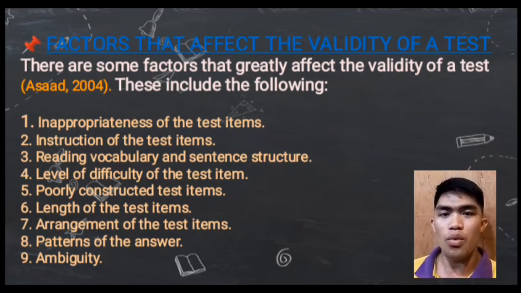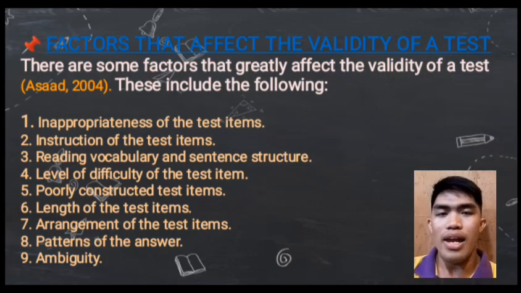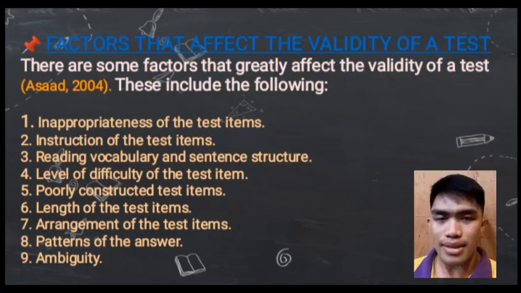Test items which unintentionally provide clues to the answer will tend to measure the student's alertness in detecting the clues, and the important aspects of students' performance that the test is intended to measure will be affected.